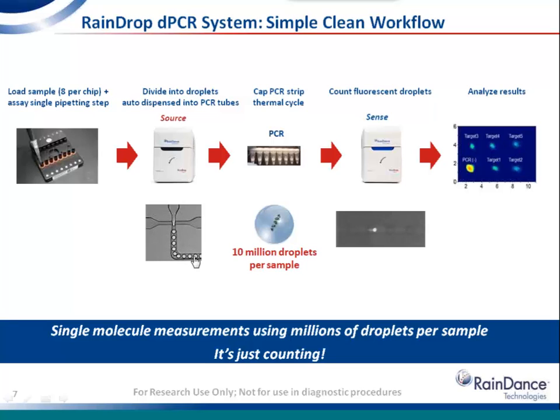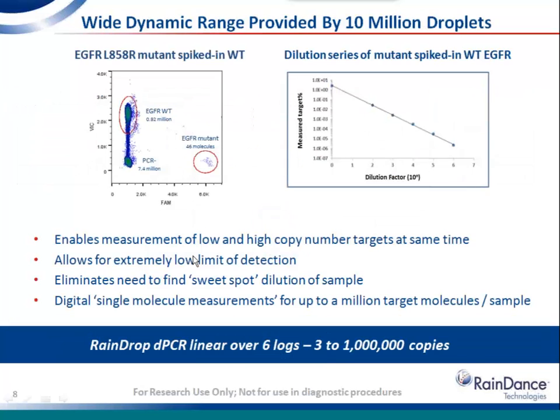And only by having millions of compartments can truly digital counting be done. The dynamic range that's required for multiplex digital PCR of both RNA and DNA is provided by the RainDrop system. It really is just simple division and counting.